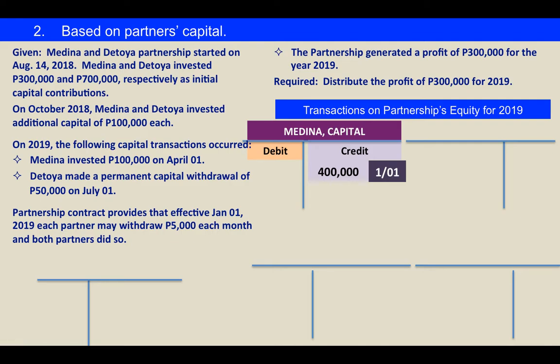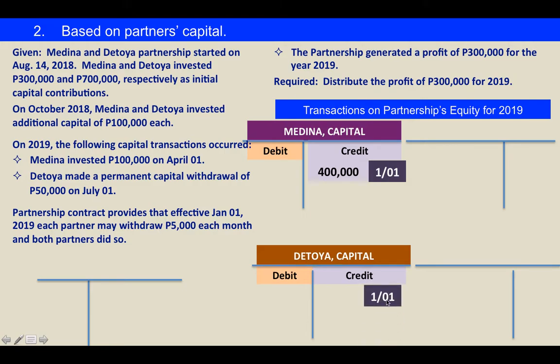Okay? And on April 1st, there is, let us take a look first at De Toya, by the way. So De Toya on January 1st, De Toya invested on August 14, 700,000 and made an additional investment of 100,000 on October 2018. So in the beginning of 2019, on January 1st, De Toya will have 800,000.